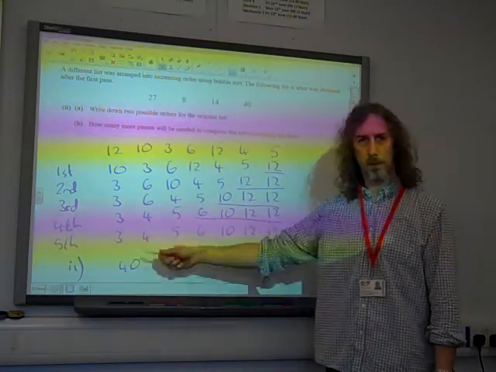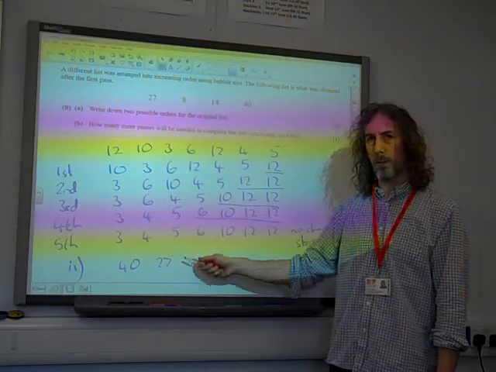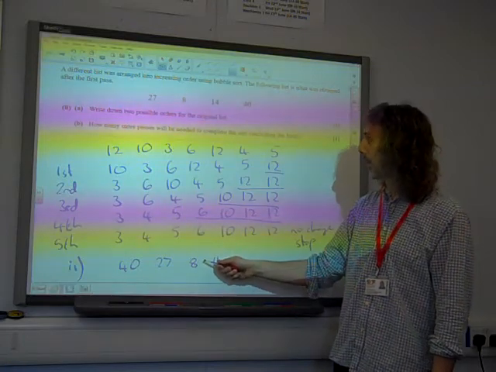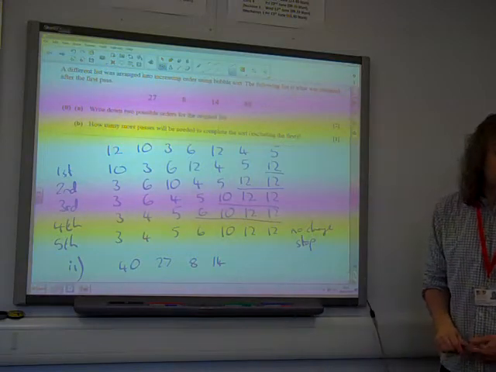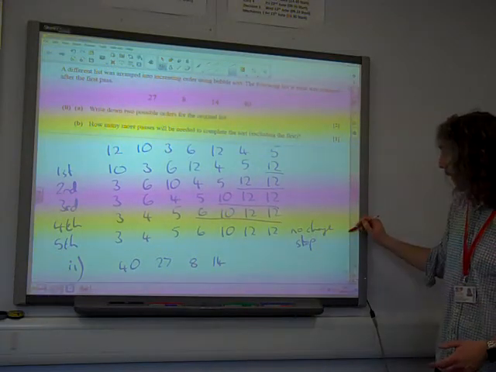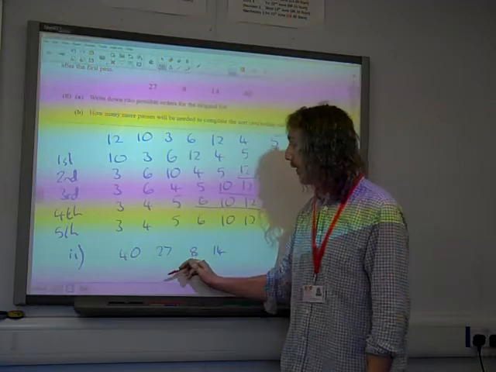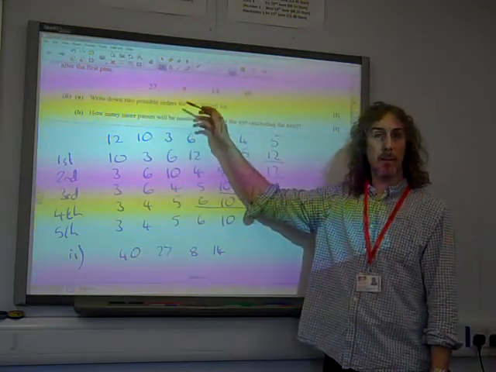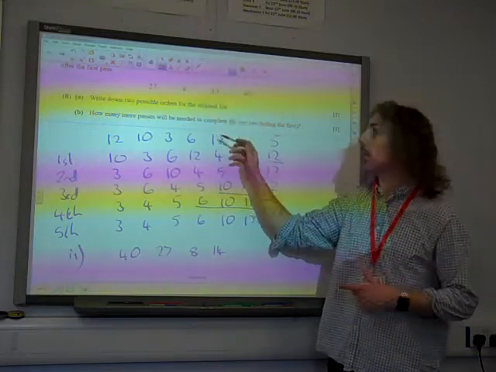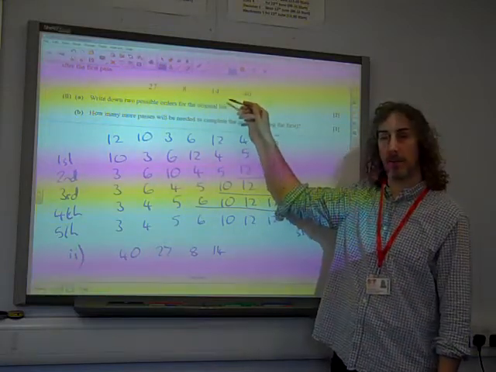Because the first pass would swap the 40 and 27, then swap the 40 and 8, and then swap the 40 and 14. So it could look like that. The other thing that could have happened is that the 27, we need to make sure that the 27 and the 40 were together, really, don't we? Because otherwise the 27 would end up moving past the 8 and the 14.